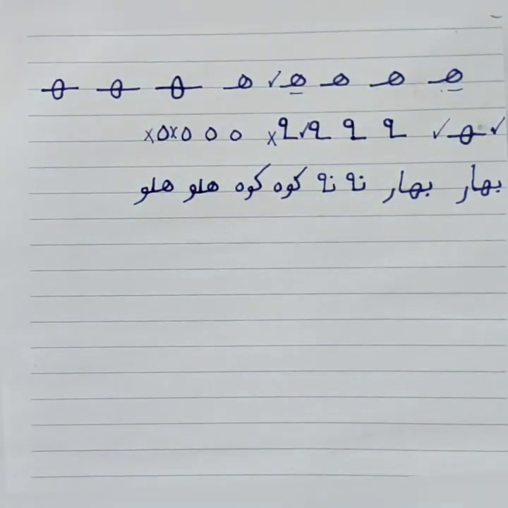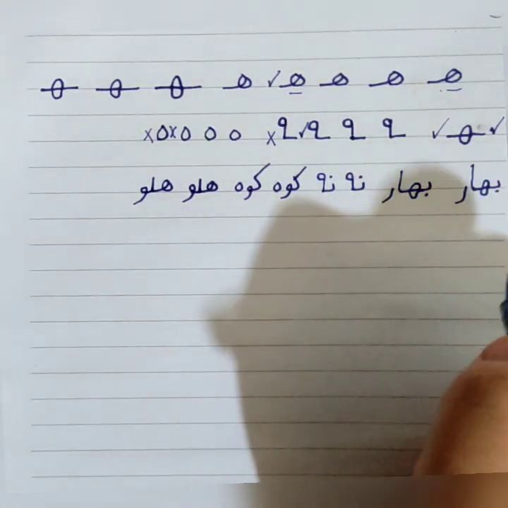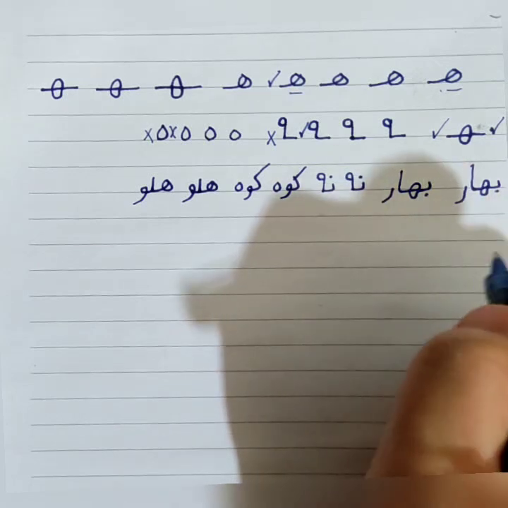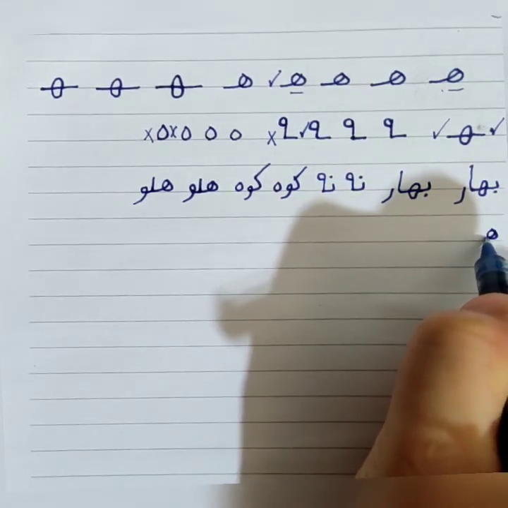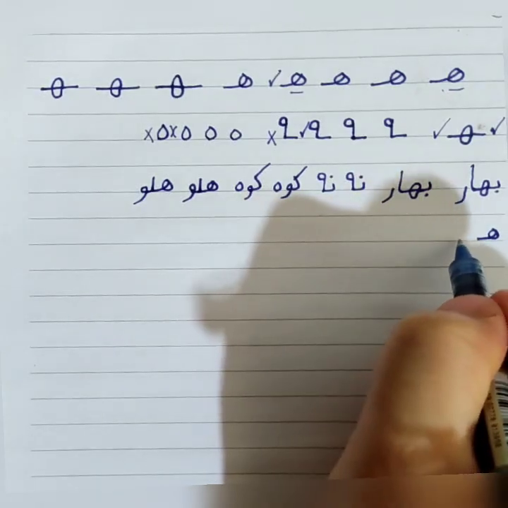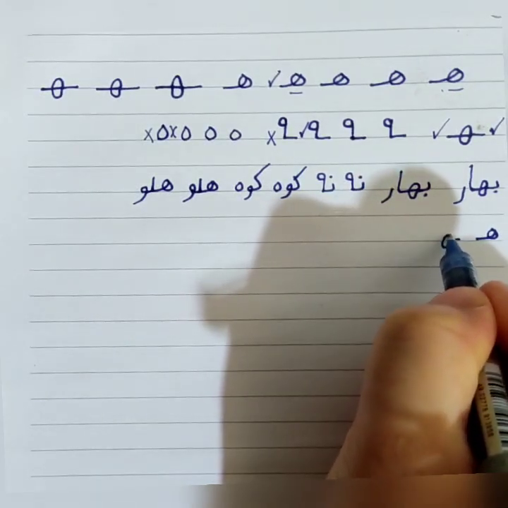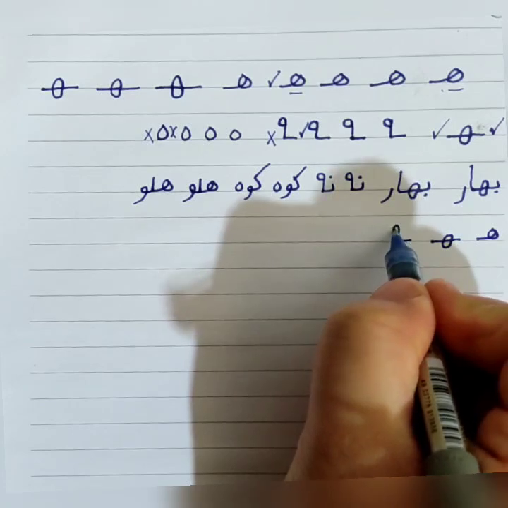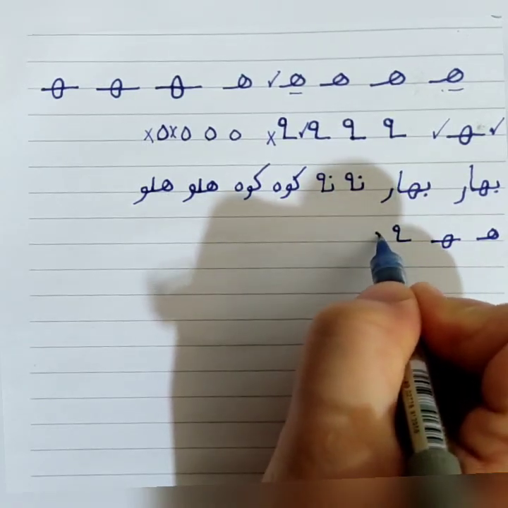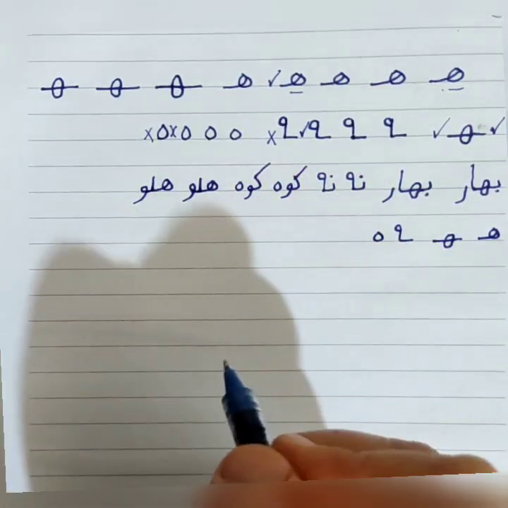Okay, now let's practice writing four shapes of the letter H and the Persian words that include it. Let's practice writing whatever we learned. We learned to write this shape of letter H, this one, and this one.